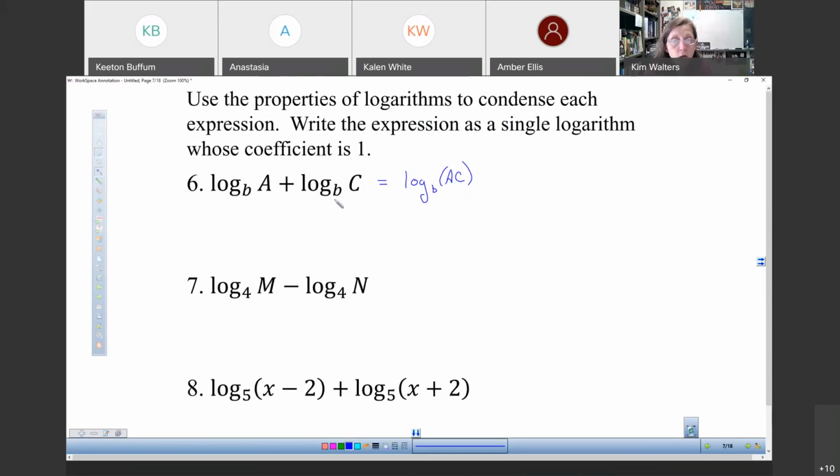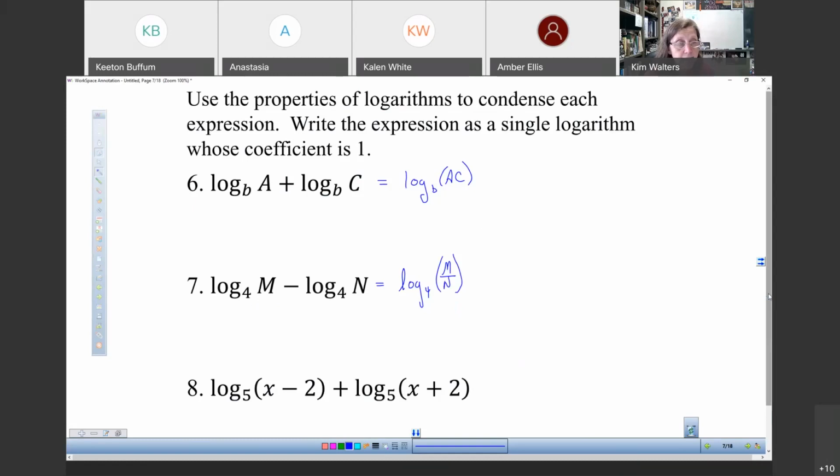So I have the same logarithm, I'm adding two logarithms together, so that plus becomes that product, okay?